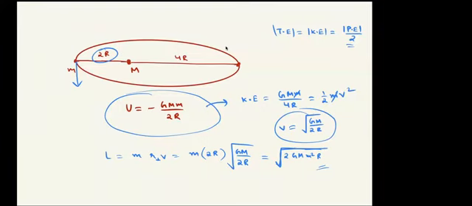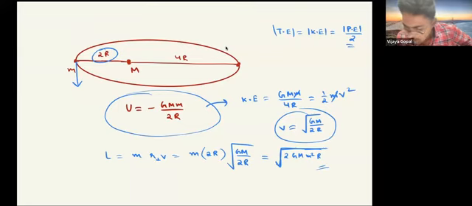Sir, but in the option it is 8 by 3. No, one second. Let me do maximum and minimum speeds. Option A is given now. Maximum and minimum distance of satellite from the center of the Earth are 2R and 4R respectively. What is the radius of the Earth?